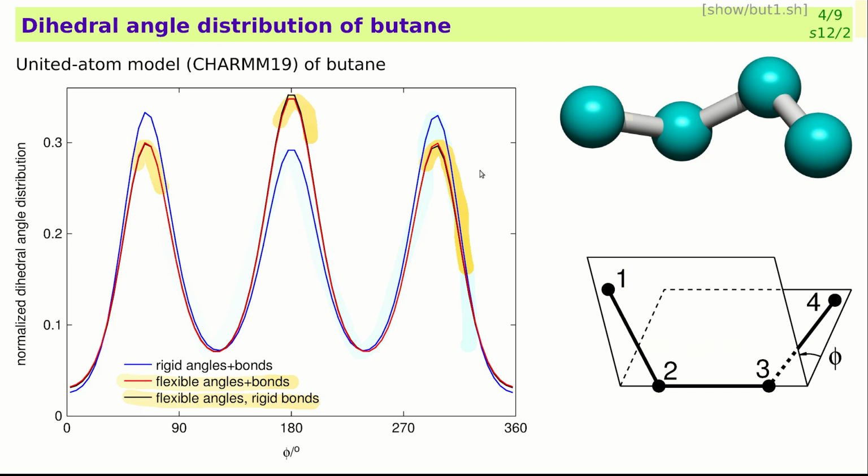So, to have rigid bonds isn't so harmful, but it's quite harmful to make also the angles rigid. Of course, this means for such complex molecules. For water, if we have water molecule and we make the angle rigid, we get a rigid body, and there are no such problems. It's correct.